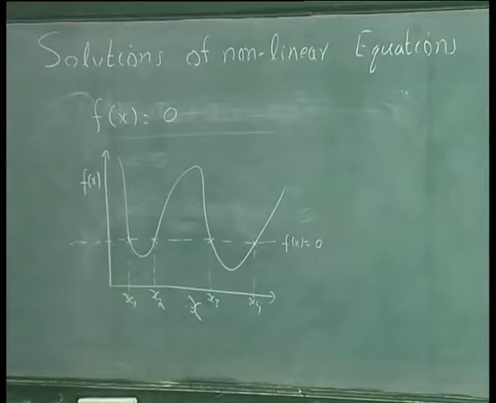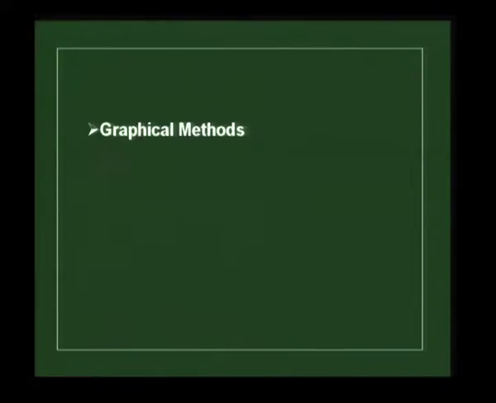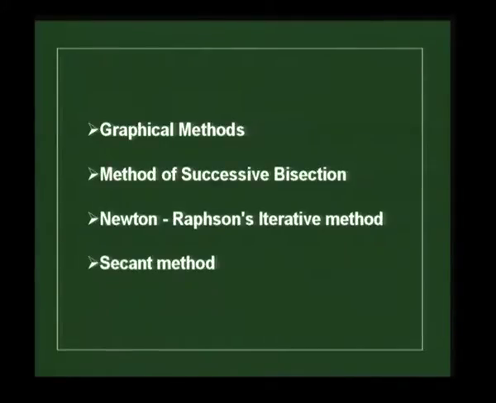Okay. So in general, we have 4 different methods of doing this. The first one which I discussed is a graphical method, and all others, that is the method of successive bisection, which we will discuss in detail, Newton-Raphson's iterative method, or secant methods. All these methods are basically iterative methods, where you make a guess solution and you iterate around that.